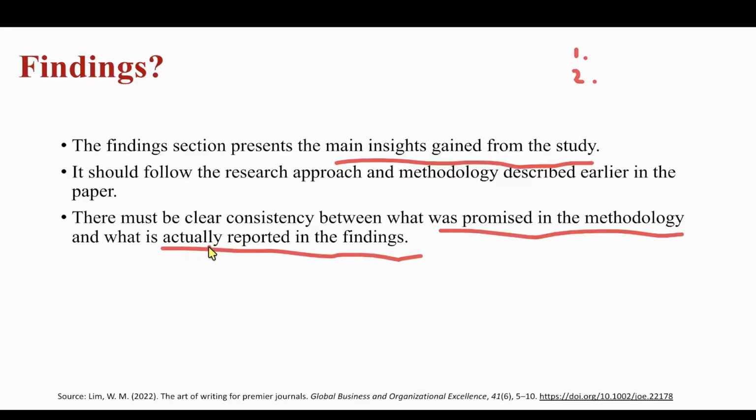When I'm reporting the findings, I should fulfill that promise: first I will report the SLR with the tables and step-by-step steps of the SLR, and then I will also highlight and produce the tables and the findings of structural equation modeling. It should never happen that we have promised something in the methodology and the findings are missing any single aspect.